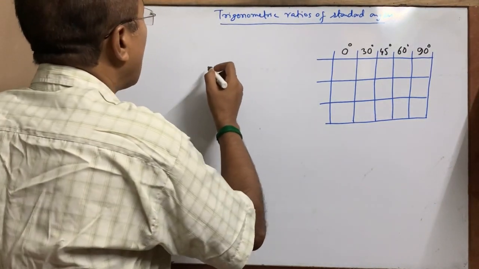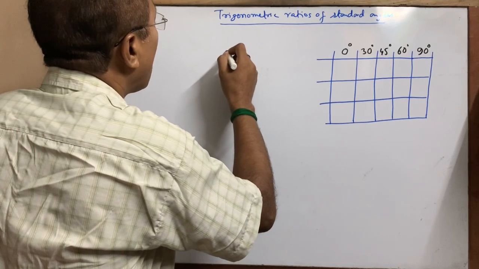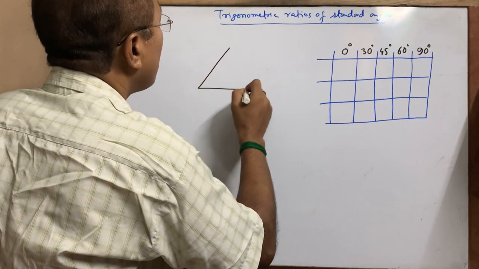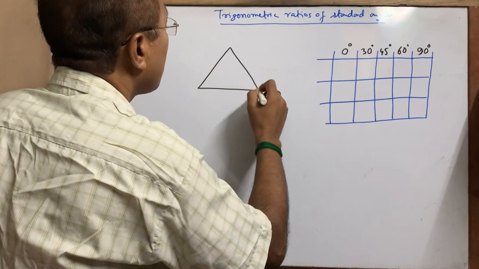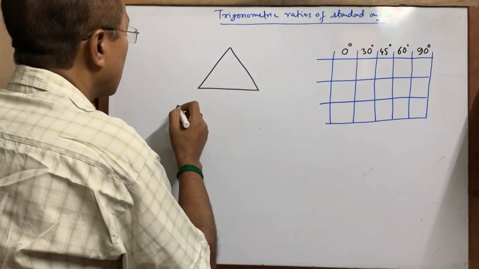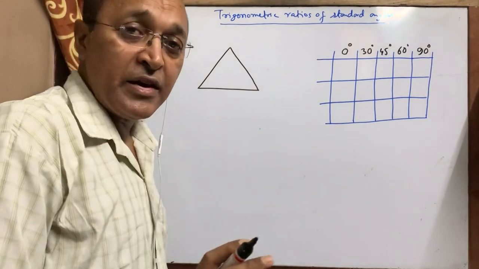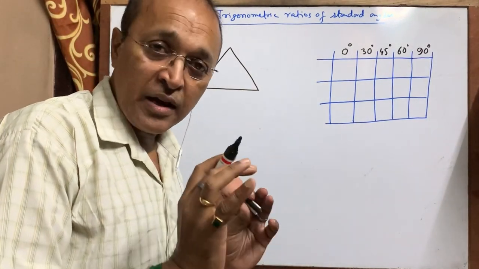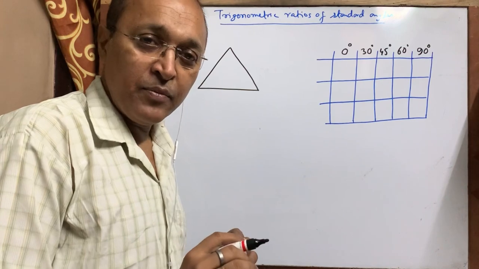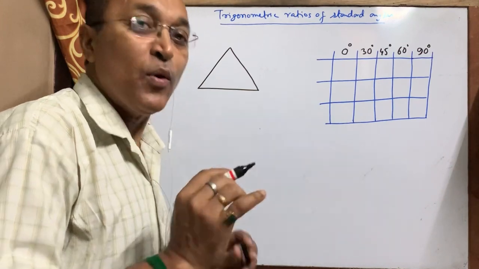Here I am drawing a triangle. First my intention is showing you 60 degree and 30 degree. For that, I need to draw an equilateral triangle.